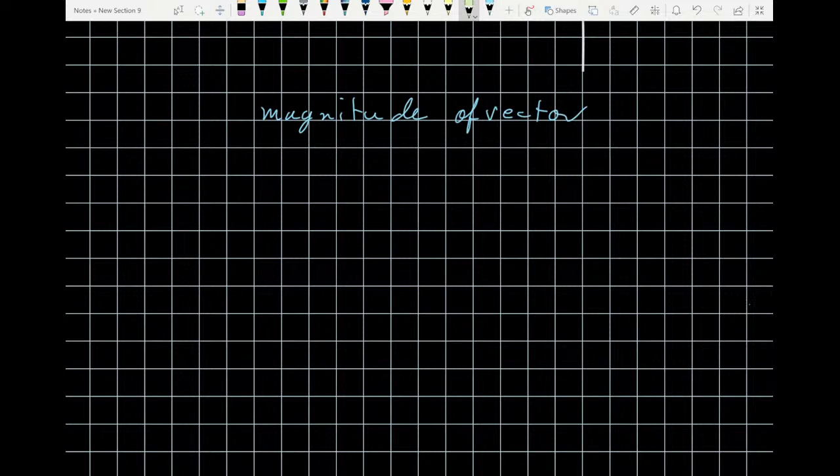Length of the vectors is very simple, and this is the symbol we use for the length of a vector. So if v is ai plus bj, the length of the vector would be the square root of a squared plus b squared. That's all. And the unit vector would be, u represents the unit vector, v over the magnitude of v.